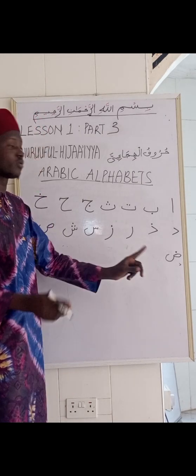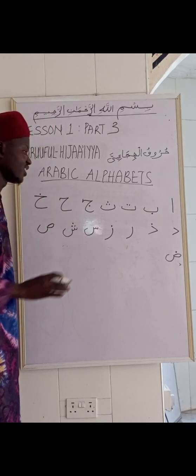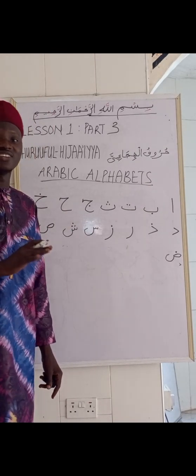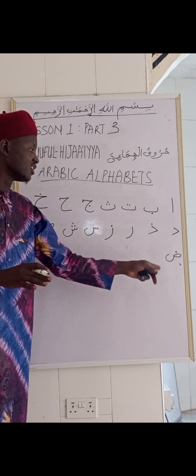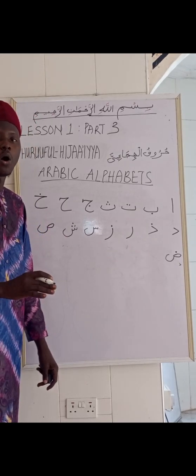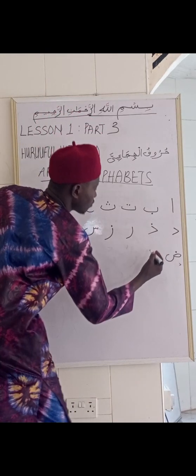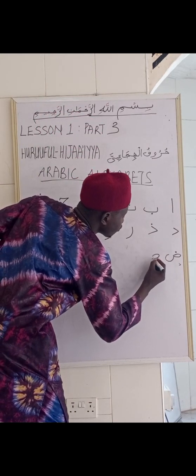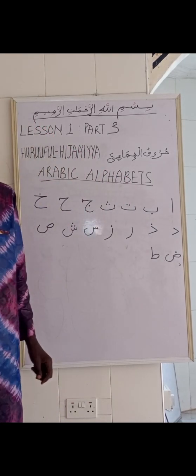Dad. This one does not have an equivalent, so don't just stop at an equivalent, otherwise people will start reciting it as da. So let's say dad. The next one is what? Ta. These two are equally heavy letters.